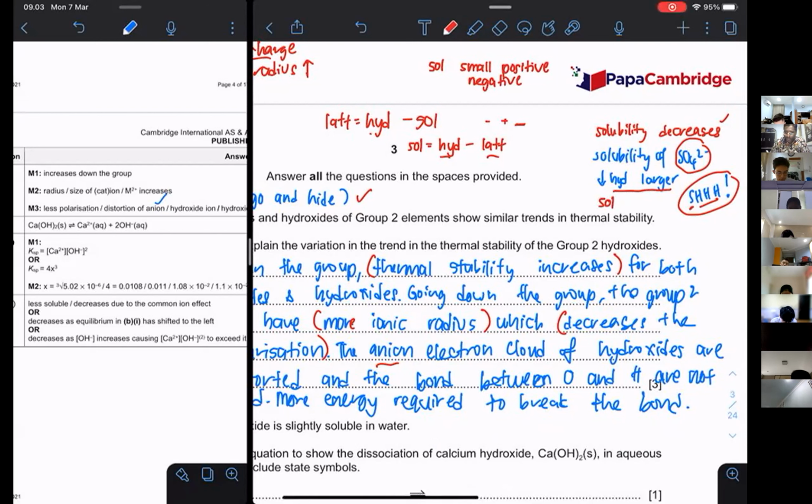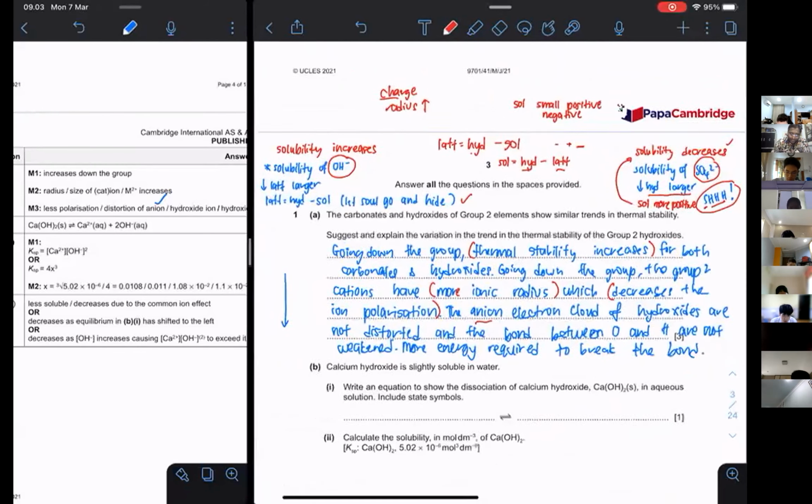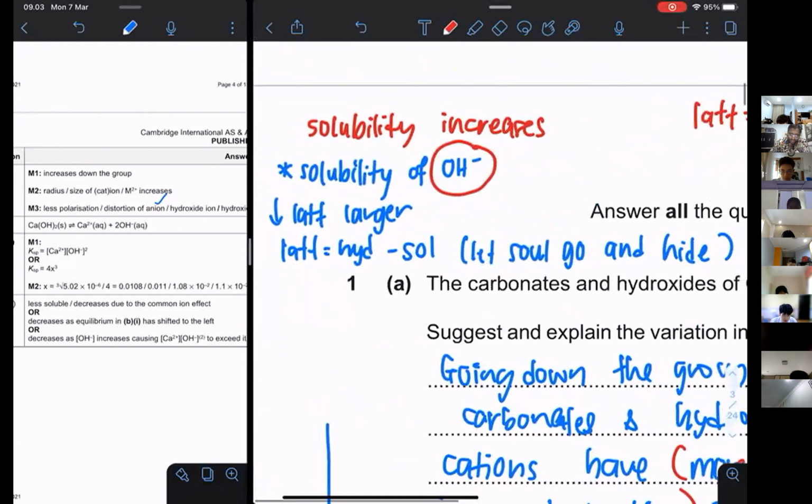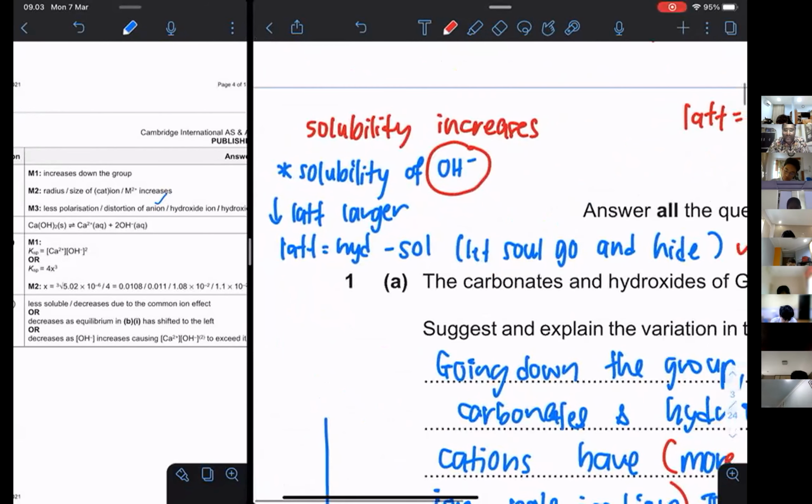When this decrease of hydration and decrease of lattice energy happens, you don't need to show the values, you just need to mention that your enthalpy of solution is going to become more positive. When your enthalpy of solution becomes more positive, that tells us that the solubility decreases. This is going to be opposite for the solubility of hydroxide.